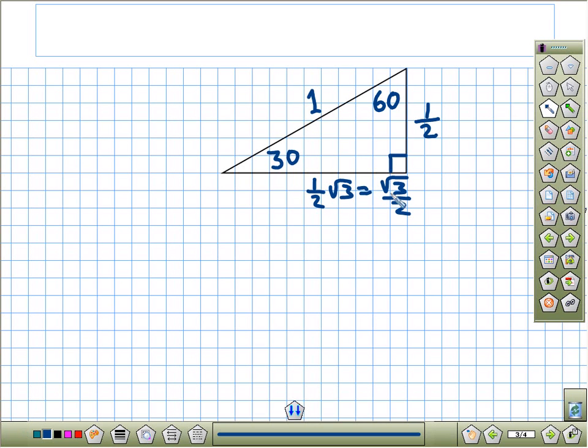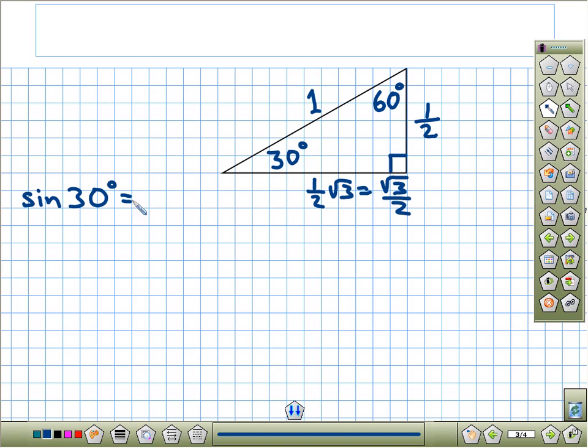Okay, well, let's look here then at sine of 30. What is the actual value of sine of 30 degrees? I guess I better put the little symbol here. Okay, what is the sine of 30 degrees? 1/2 over 1, that's right.